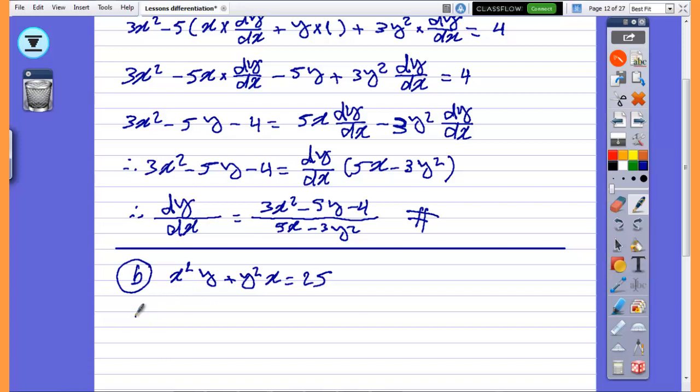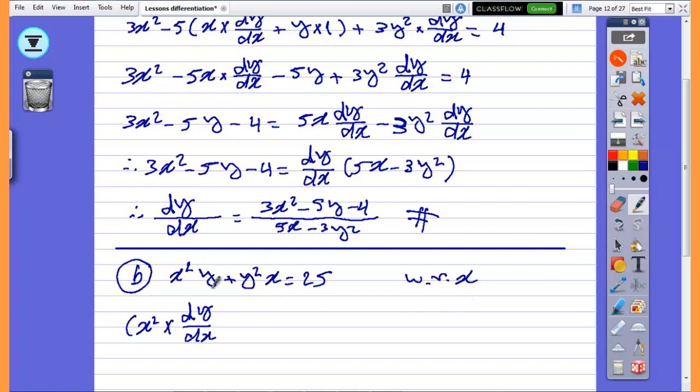First, as I told you, the product of two functions. So we have the first function, x square, multiply the derivative of the second. It is dy dx. We make the differentiation with respect to x.